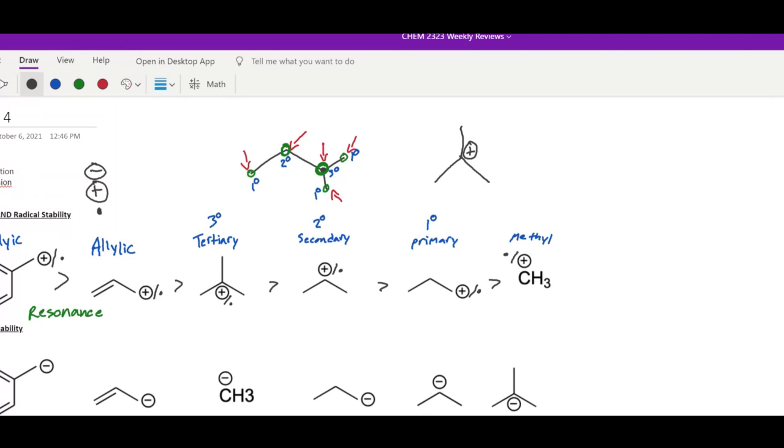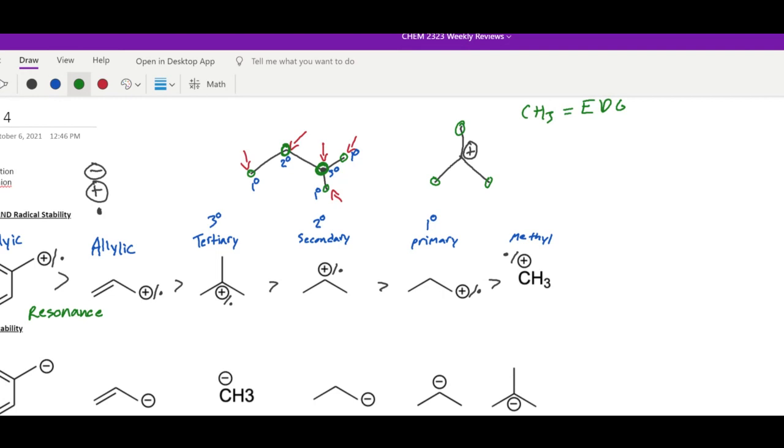So methyls, these are all 3 methyls, right? Methyls are going to be electron donating groups. So again, CH3s are electron donating groups. They have electron clouds or electrons that they can donate.